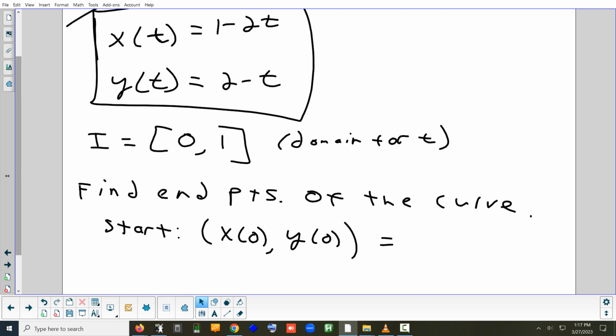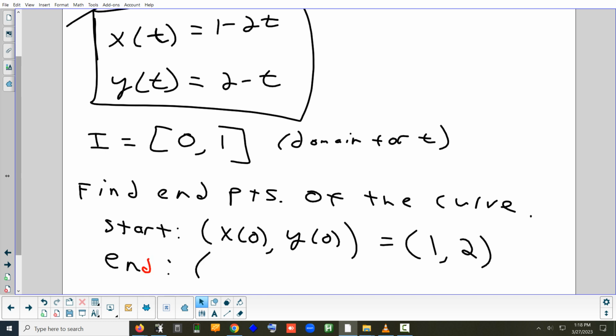What do you get if you plug in 0 for t in the x formula? Yep, 1. So this graph is going to start at 1, comma, and what do you get if you plug in 0 in the y formula? 2. So it's going to start at 1, 2.